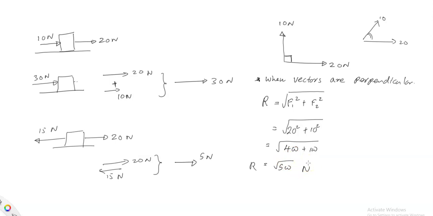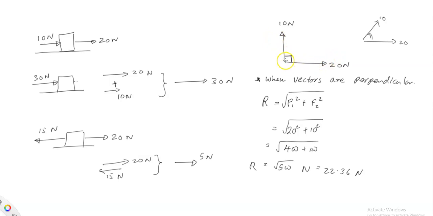So square root 500 is what? Square root 500 equals 22.36. Now this force is going to go in between the two vectors, right? This is 10 going up, 20 to the left.